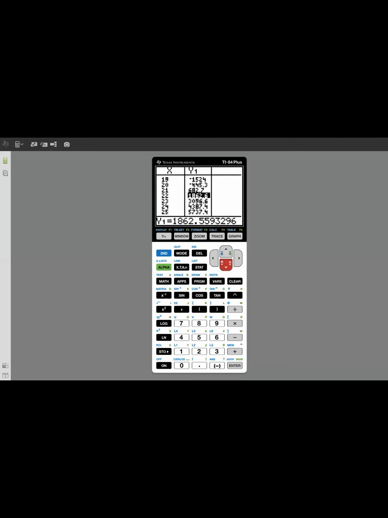Okay. So what you want to do then is you want to set up your window properly. Think about the x values that you need to see. All right, so the number that we're trying to see is something between 20 and 21 here, because that's where the 0 happens. So just create a range of values around that particular value, just to make sure that you can see it.